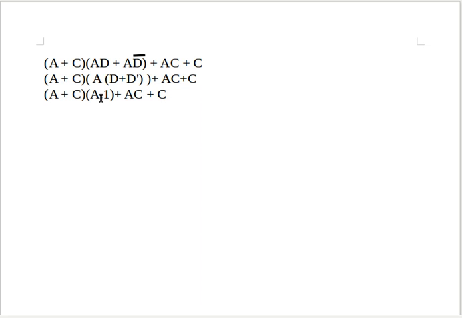If A is 1, it's 1. So this will be A. So we'll have A or C, and I'll have A, and I'll have also ORed with A, C, or C.